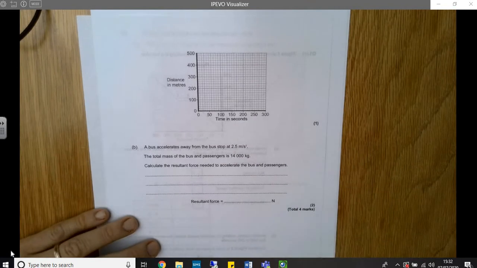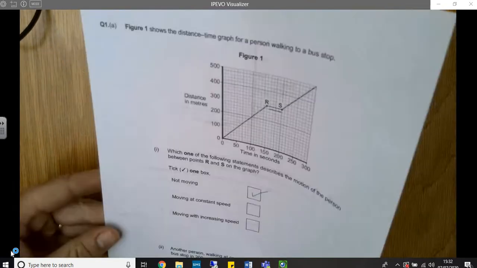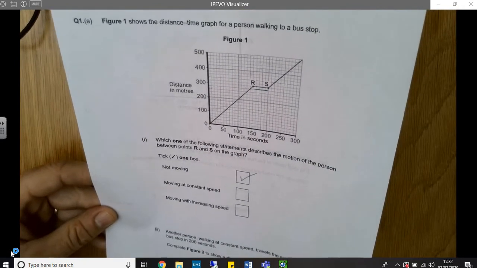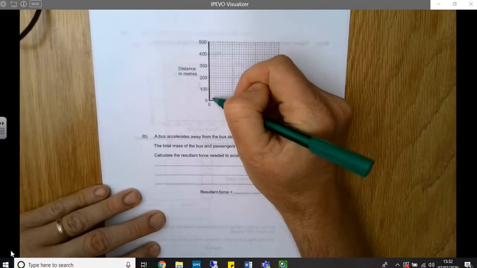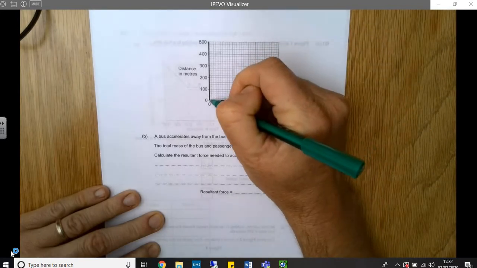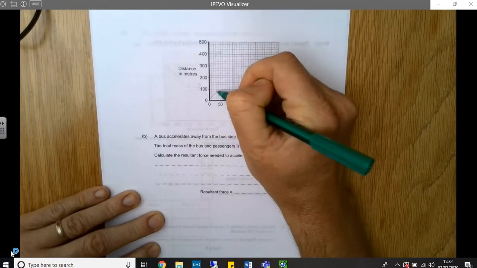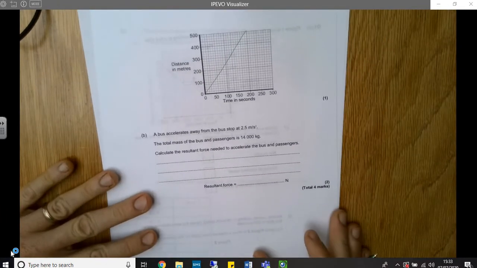What we should have is that they should be reaching the bus stop, the same distance, which is 500 meters, but in the space of 200 seconds. They've walked the same distance, but they've done it in 200 seconds.